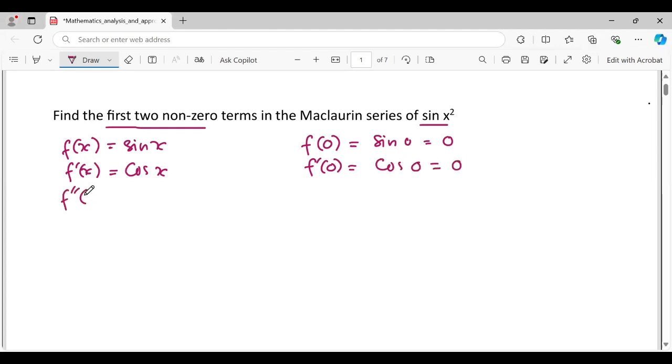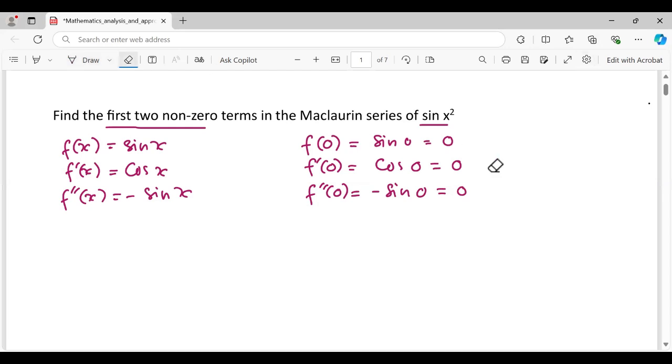Next, the second derivative of sine x, the derivative of cosine x, is minus sine x, and if x equals 0, it will be minus sine 0, which equals 0.